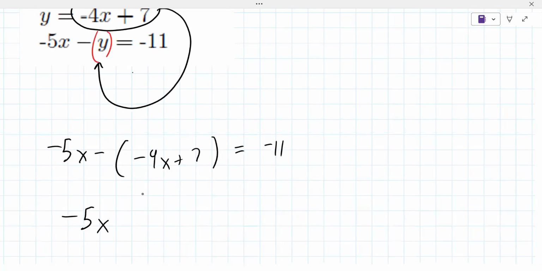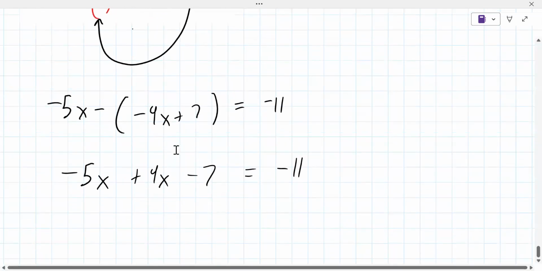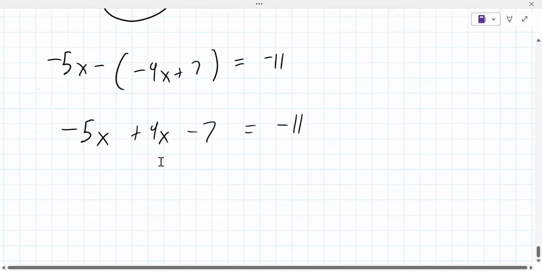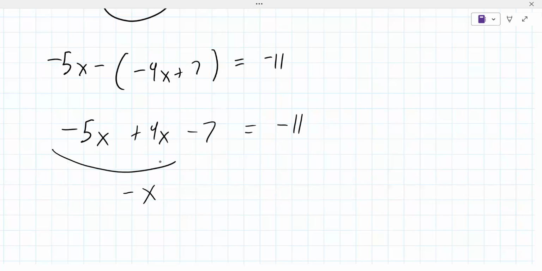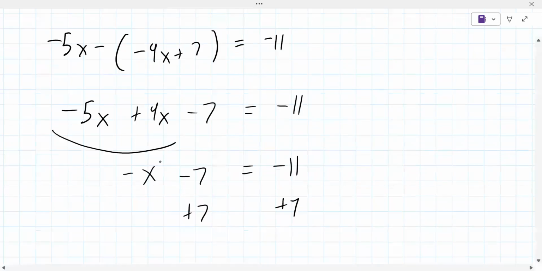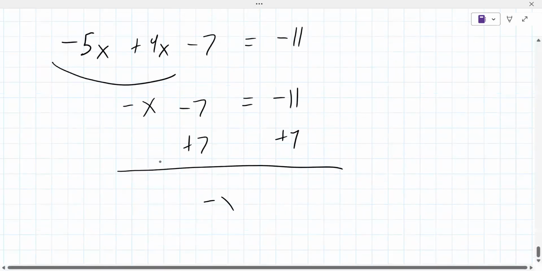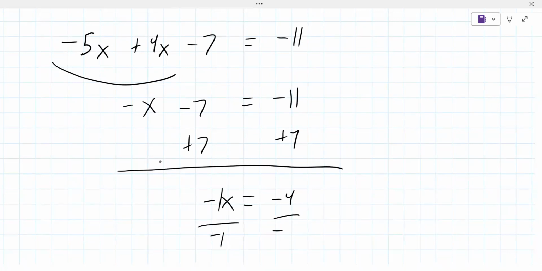It's a minus 5x plus 4x minus 7 equals minus 11. And then combine like terms. So you got minus x minus 7 equals minus 11. And then you just continue solving like we've done a bunch of times. You end up getting minus x equals minus 4. It's really a minus 1. You divide by minus 1 and you get x equals 4.